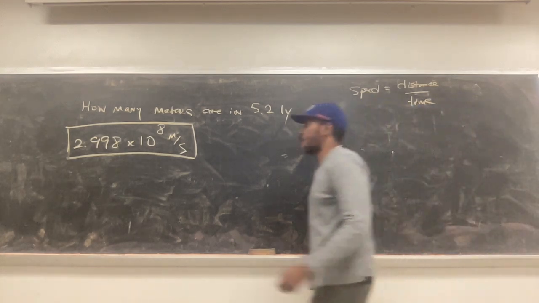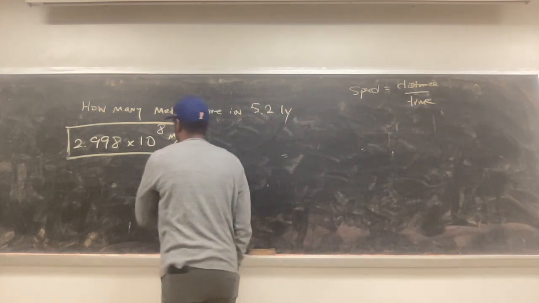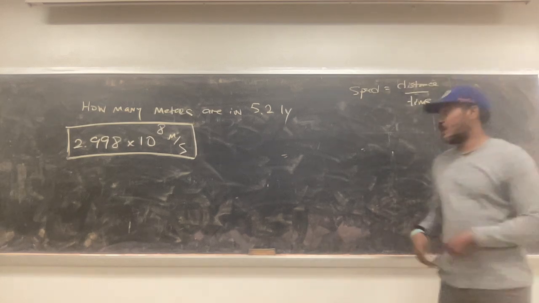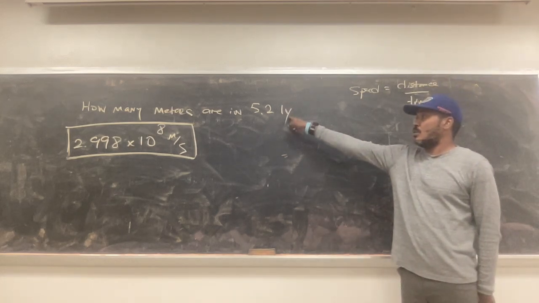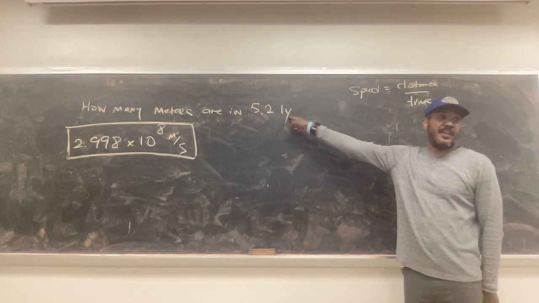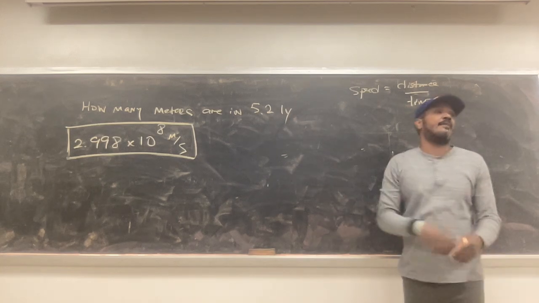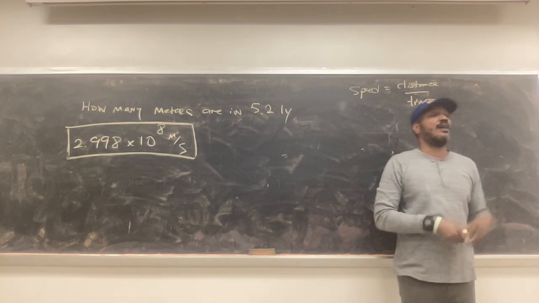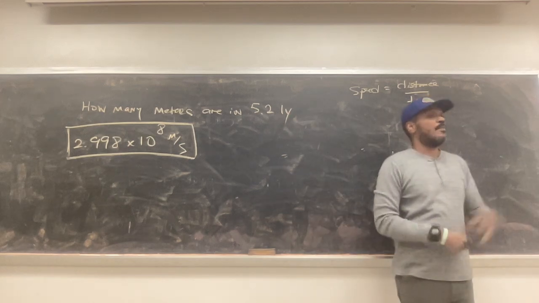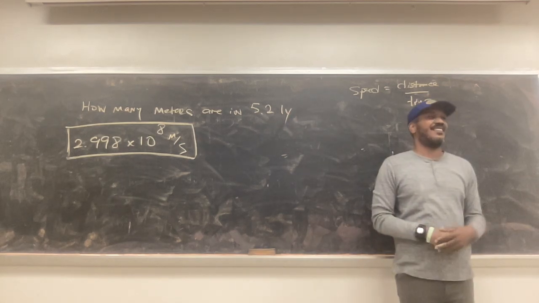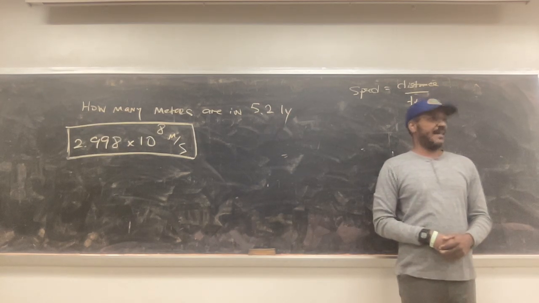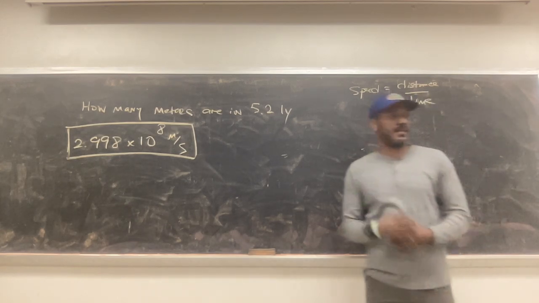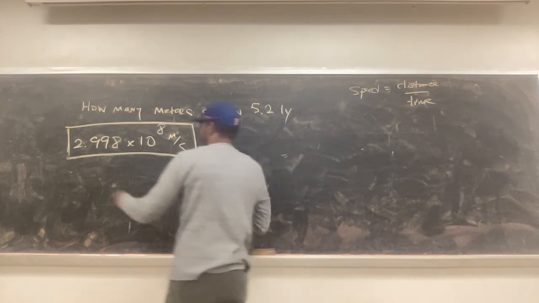So if I know the speed of light, and we wanna know the distance that light covers in 1 year, well, actually in 5.2 years, we could do 1 year and then multiply times 5.2. So let's just do 1 light year.